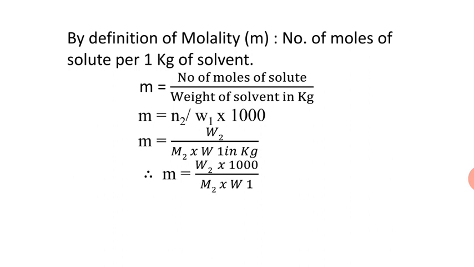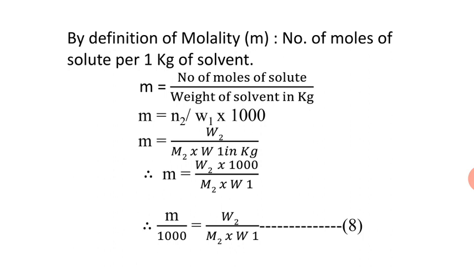Therefore, m is equal to w2 into 1000 divided by M2 into w1. Rearranging, 1000 comes to the left hand side: m divided by 1000 is equal to w2 upon M2 into w1. This is our equation number 8. Now putting equation number 8 in equation number 7.